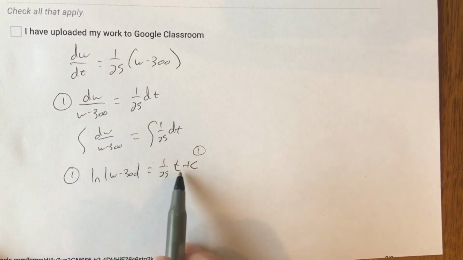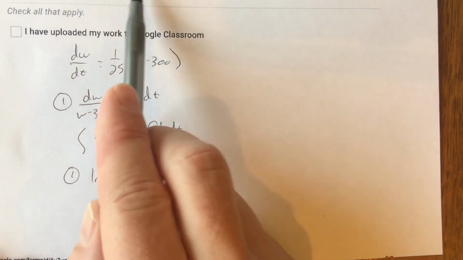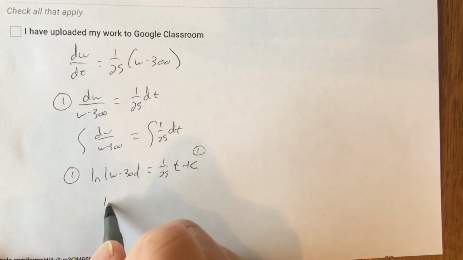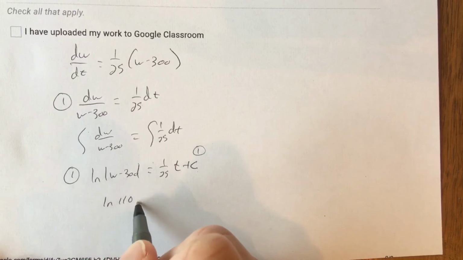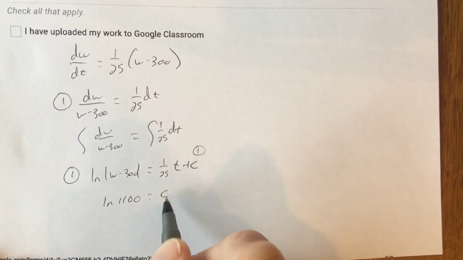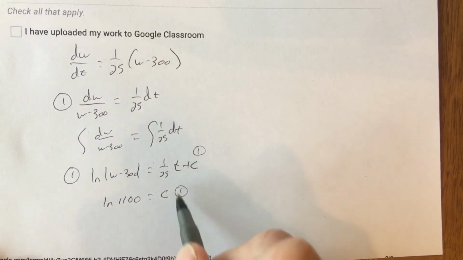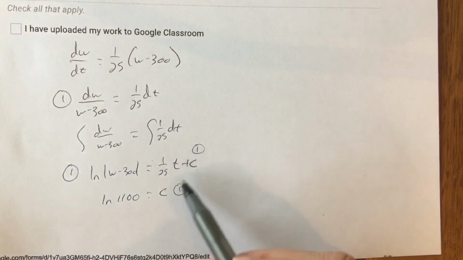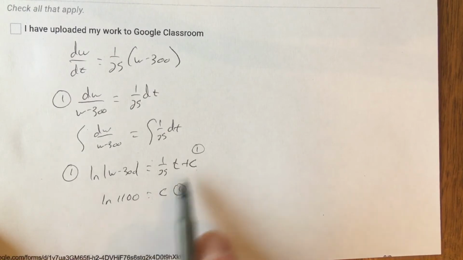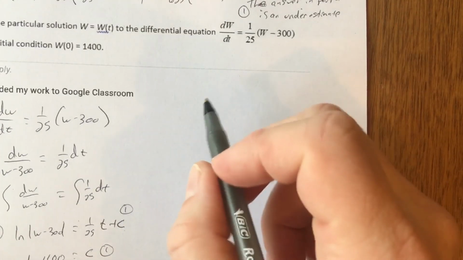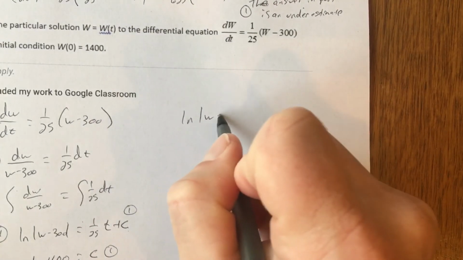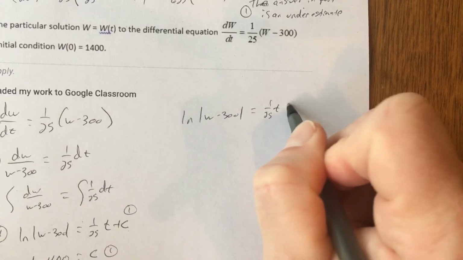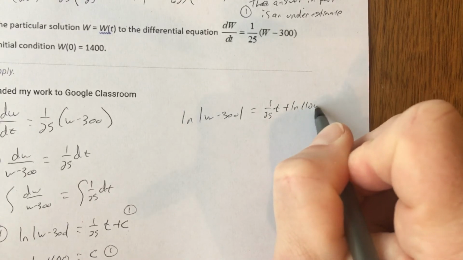Let's go ahead and figure out what c equals. So we're going to put 0 in for t, and we're going to put 1400 in for w. That's going to give us the natural log of 1100 equals c. So again, back then they gave you a point for that, probably not today, but they probably just give you 1 for the combo. Now we have our c value. Let's figure out what w equals. So the natural log of absolute value w minus 300 is equal to 1/25 t plus natural log of 1100.